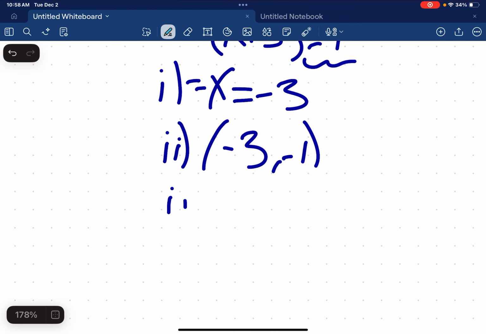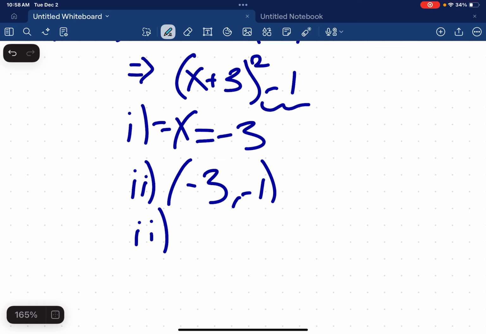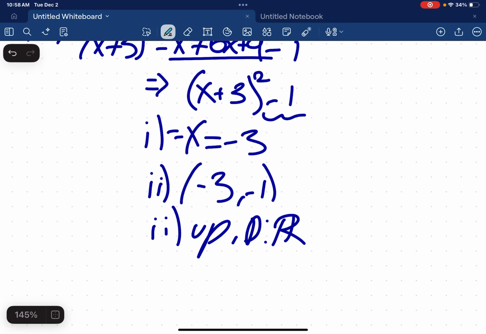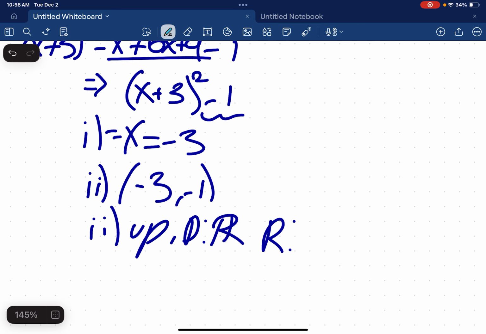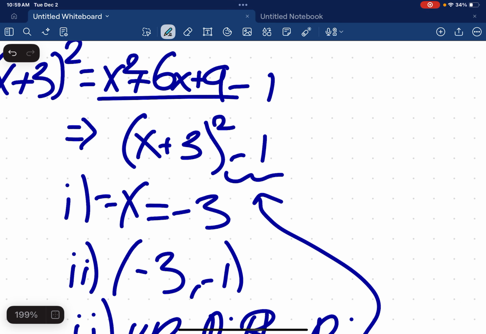And 3 wants its domain, range, and concavity. Since this is a positive function, it's going to be concaving up. Its domain is just going to be all real numbers, and its range, well, we need to actually look back here to find out what it is.